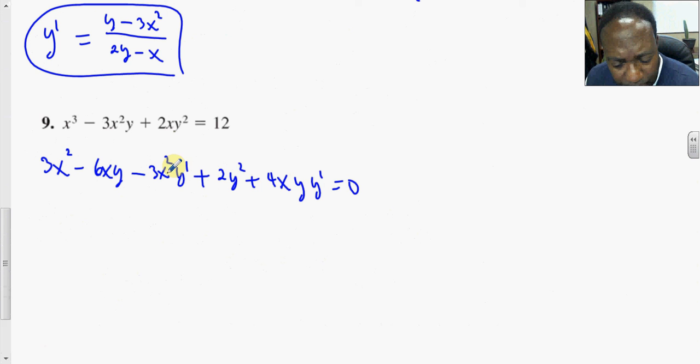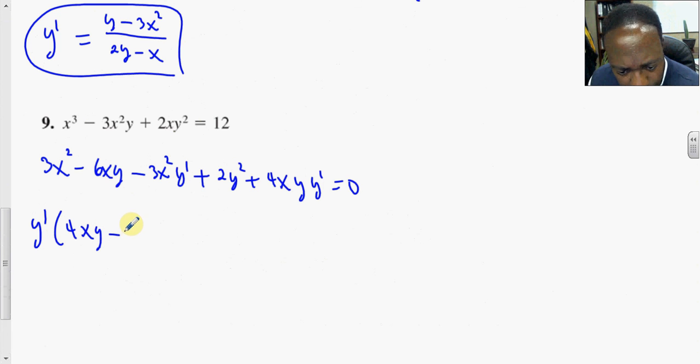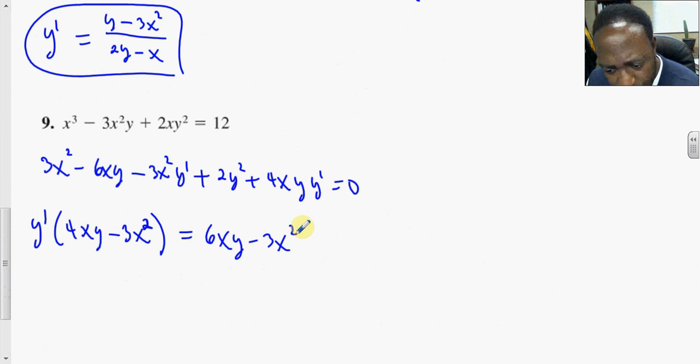I'm going to collect the terms associated with y prime. That's 4xy minus 3x squared, equal to 6xy minus 3x squared.